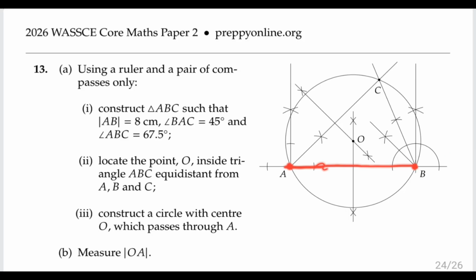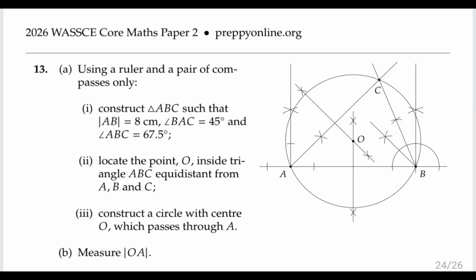So if you're told to give us all the points that are the same distance from A and B, really what you're being asked to do is to bisect the line segment between A and B. The perpendicular bisector of AB is the locus of points equidistant from A and B. So every point on this line, since it's the bisector, is the same distance from both A and B.